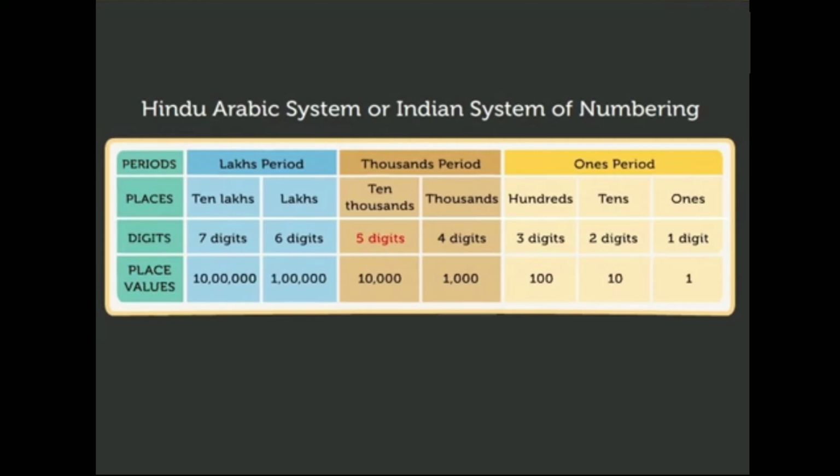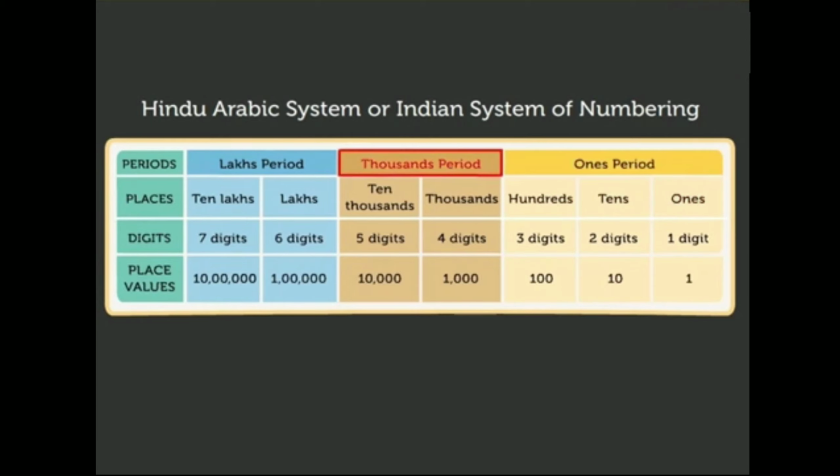The 5-digit numbers are placed in the ones and the thousands periods. The 6 and 7-digit numbers are placed in the ones period, the thousands period and the lakhs period. According to the Indian system, the ones period consists of the places ones, tens, hundreds.